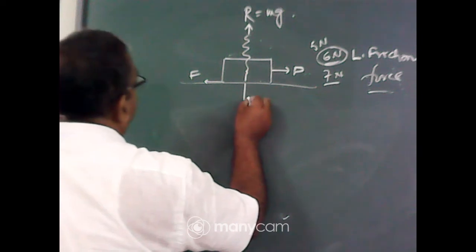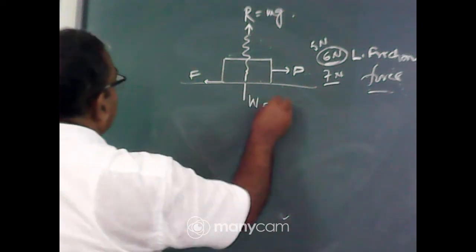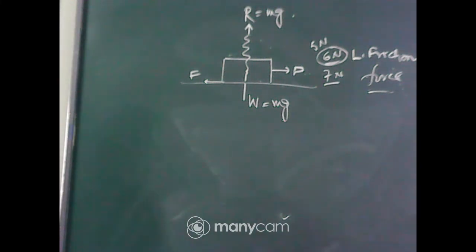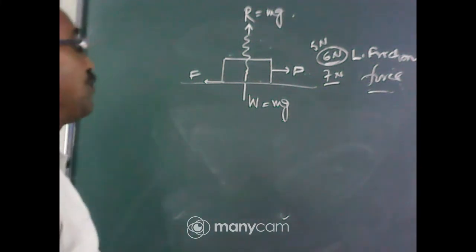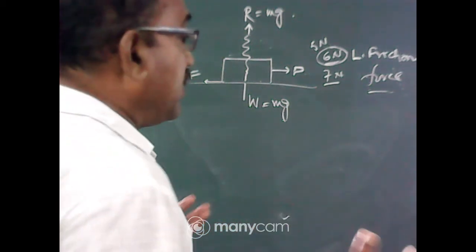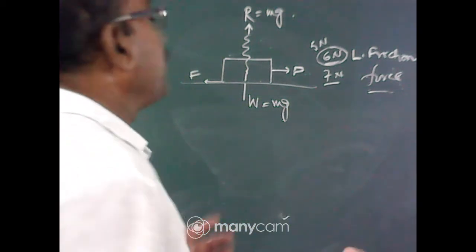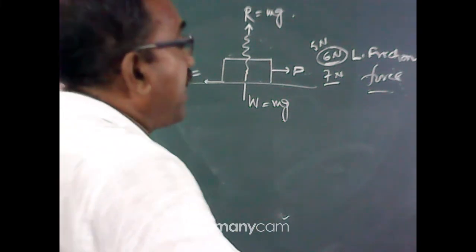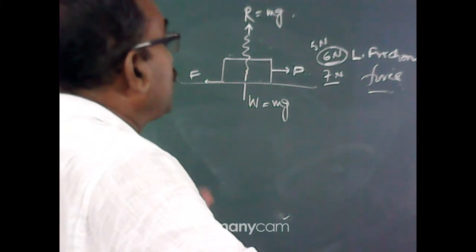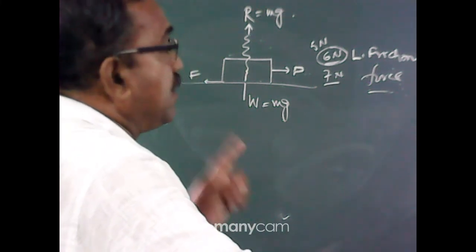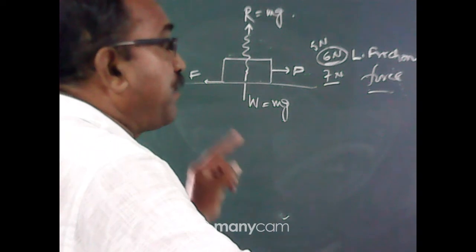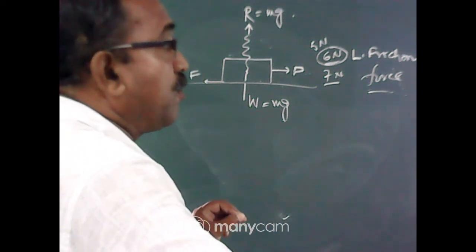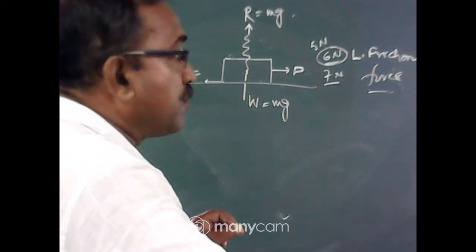Static friction means the object is at rest, because the resultant force is 0. First, the frictional force always acts opposite to the direction of its motion. Second, the limiting frictional force is directly proportional to its reaction force.